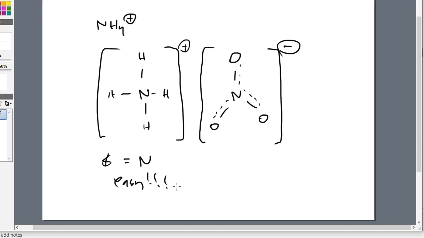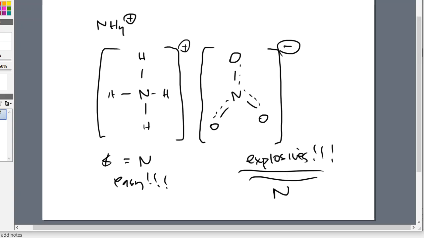Soda or ammonium nitrate was used very heavily in fertilizers for many, many years. The problem is that someone wised up one day and said, hey, if I want to make explosives, then I need some nitrogen containing pieces.